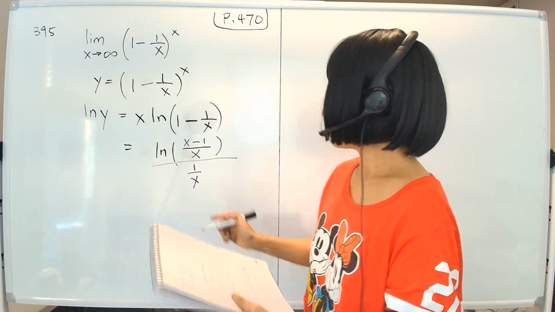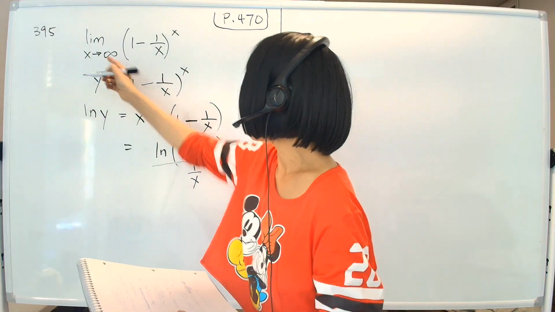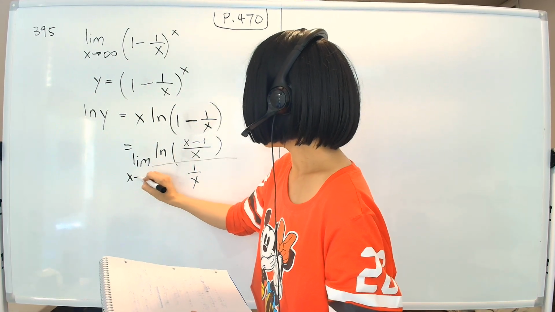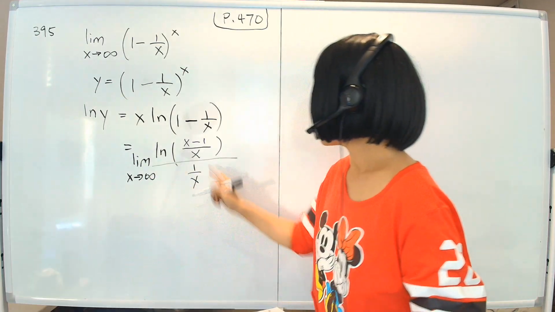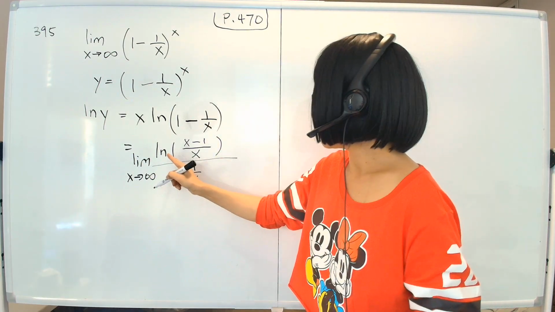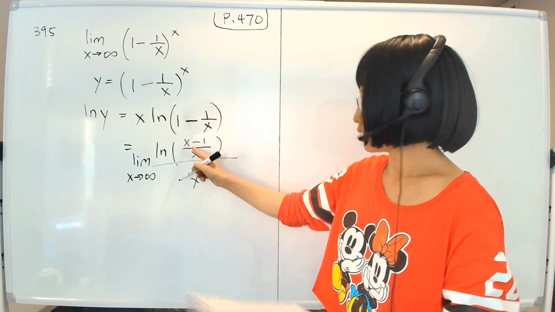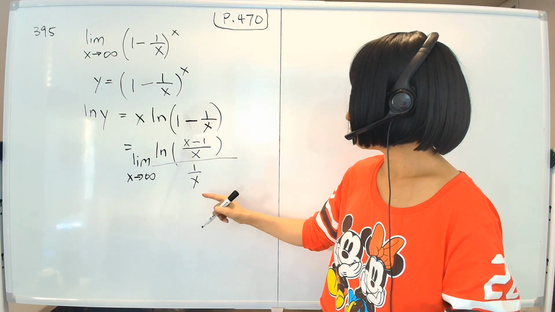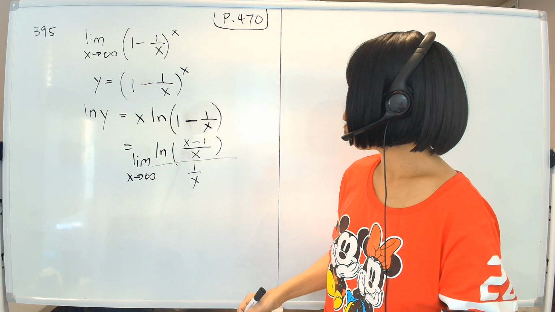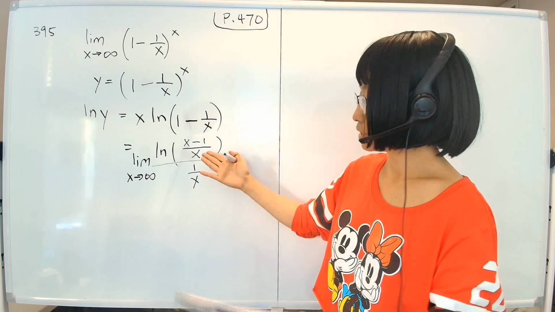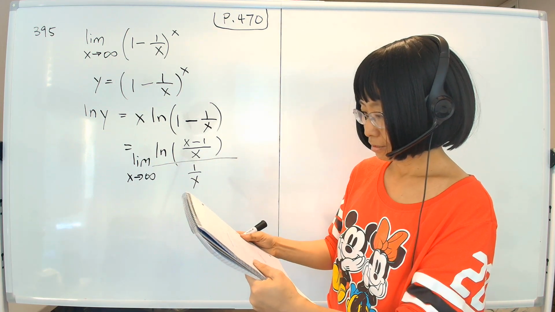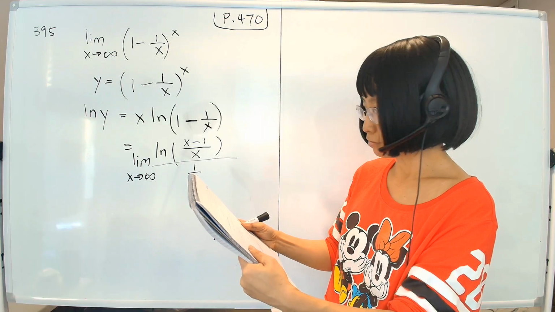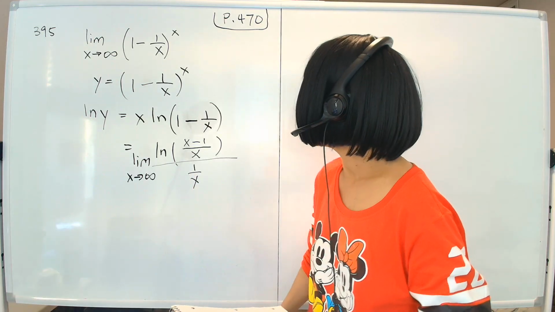What are we doing here? X goes to infinity. The limit states we're considering what happens when x goes to infinity. Now, as x goes to infinity, actually, I don't even think we need to do that. Why didn't I scratch that out? Oh, sorry. We don't need to do this.